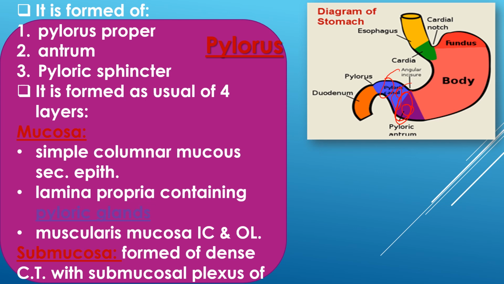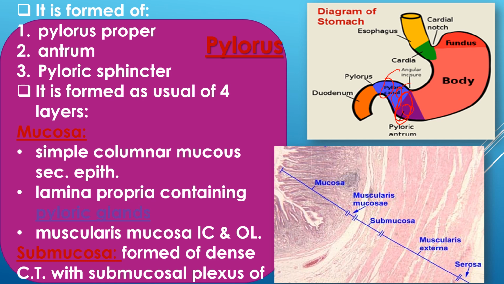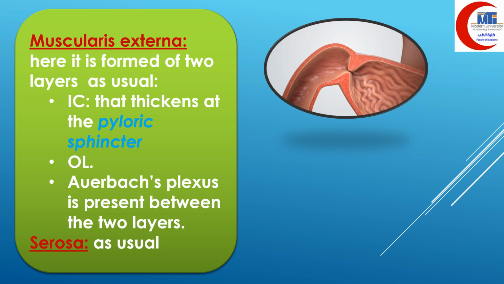We have muscularis mucosa, which is arranged as inner circular and outer longitudinal smooth muscle fibers. Then we have submucosa, which is formed of dense connective tissue with Meissner plexus. Okay. What about the function of muscularis externa?